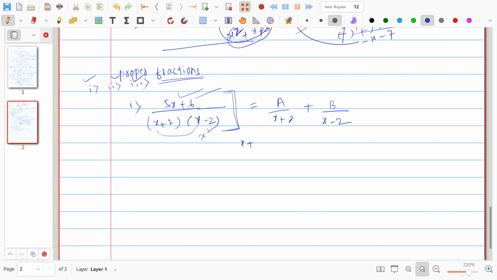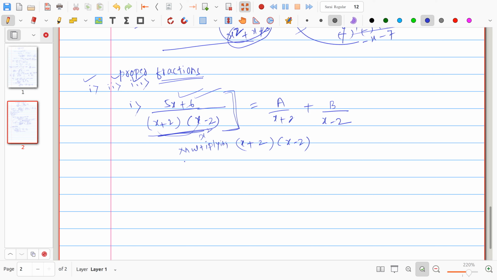The LCM is x plus 2 into x minus 2. Here we are multiplying by x plus 2 and x minus 2 on both sides.